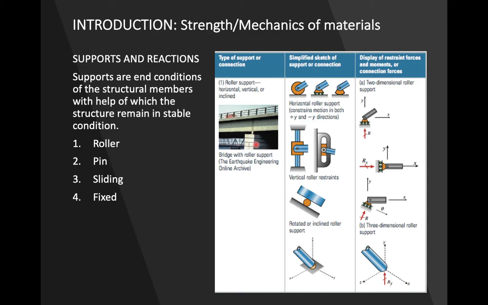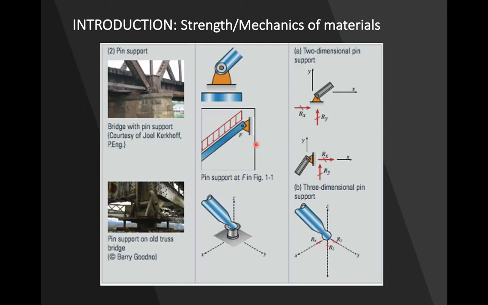So this is the pin support. You have seen it in various truss mechanisms, in roof trusses and also in bridge trusses. You can see over here how this support works. It allows the movement of the body in rotation, but it won't allow movement of the body in translation.